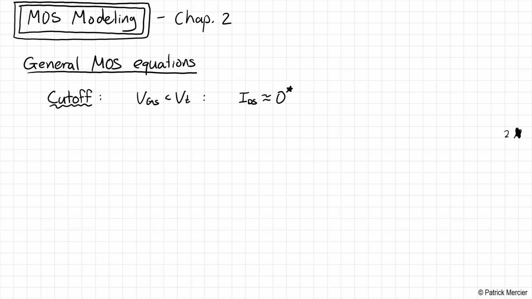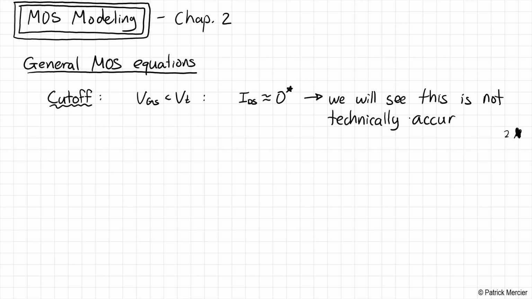I'm going to put an asterisk here, because we will see momentarily that this is not technically accurate. We'll get into what actually happens in cutoff momentarily, but for now, let's just assume that in the cutoff regime the current is 0.